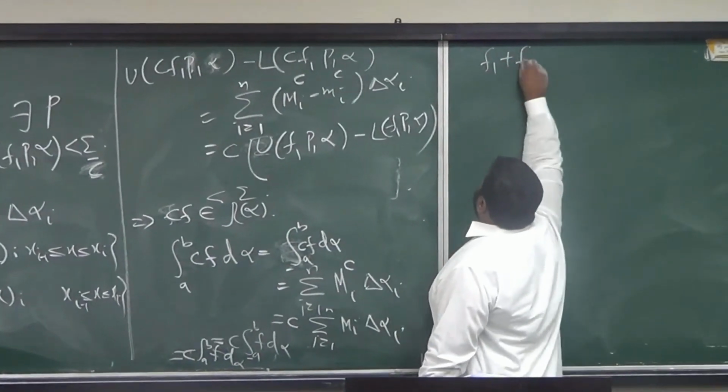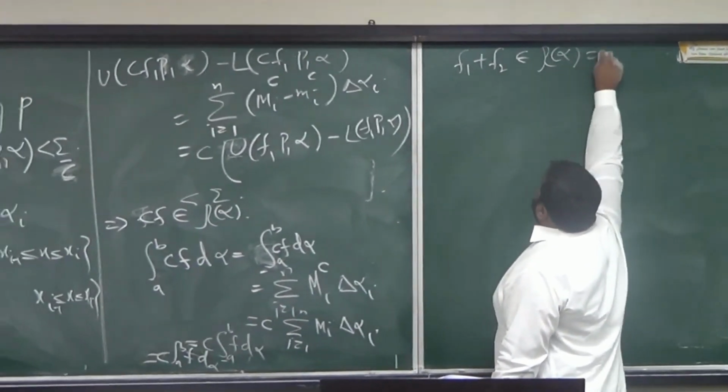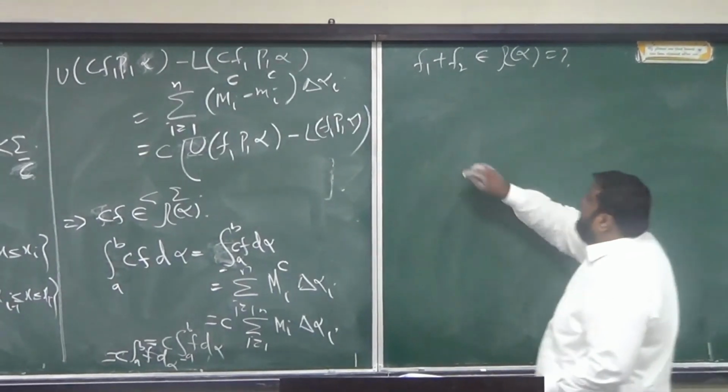So we need to show that f1 plus f2 should belong to R of alpha when f1 and f2 do. So we have to do this simply.